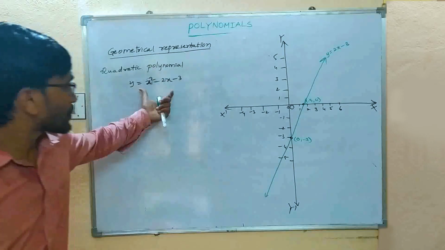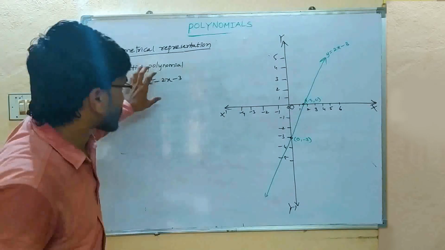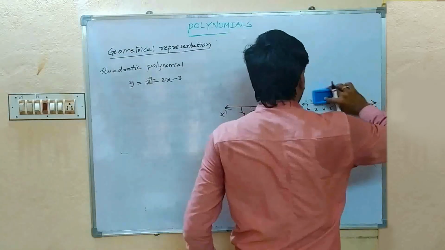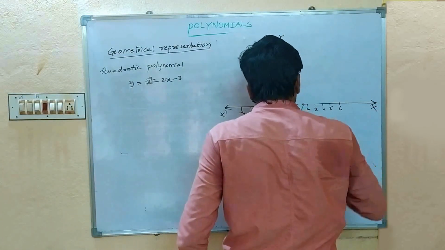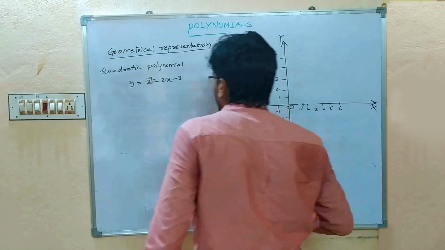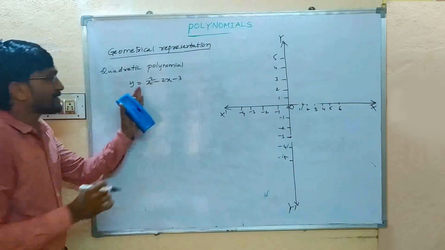This is the quadratic polynomial. So for drawing the graph of quadratic polynomial, first we have to find the zeros of this polynomial.